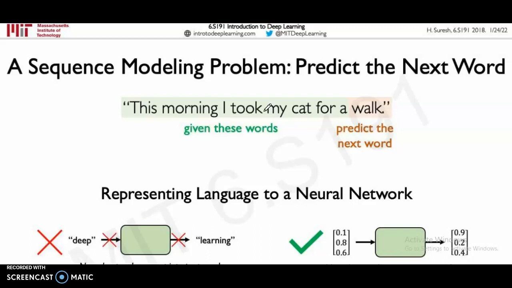This morning I took my cat for a walk. Given these words, predict the next word.